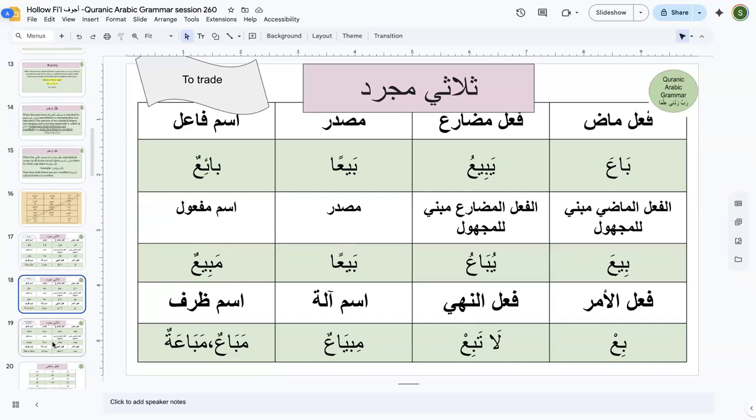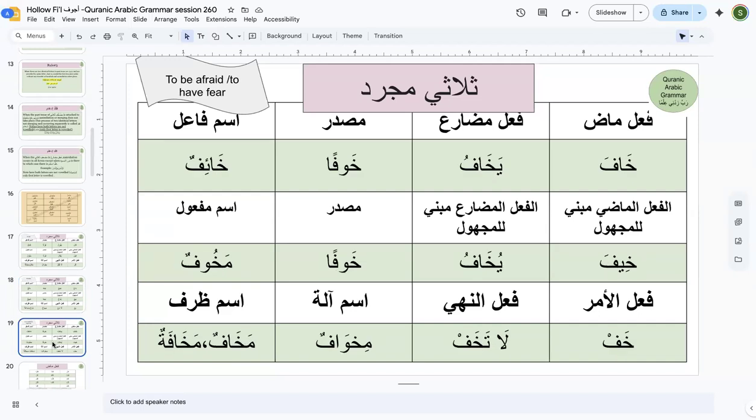Okay. In khafa, what was the original form of khafa? Who can tell me? It is from the Samia clan. It has to do with fear, it has to do with emotions, right? When the root letters have to do with emotions, where do those words come from mostly?